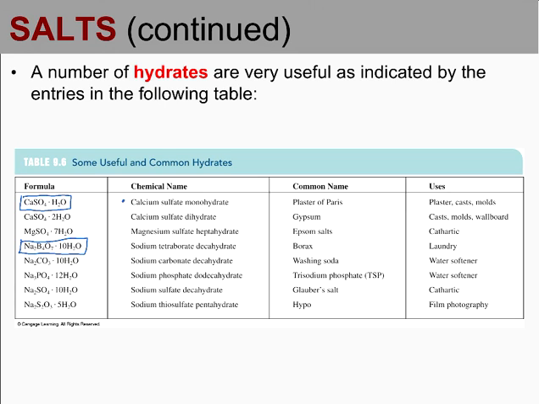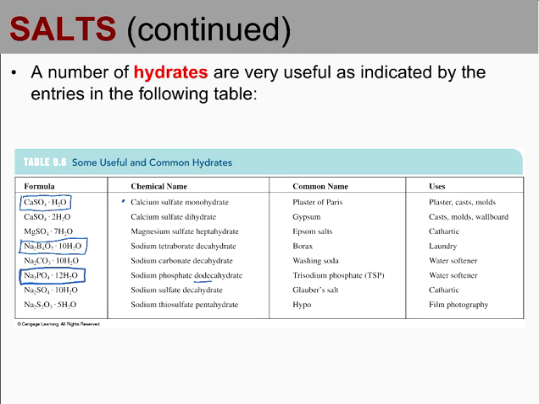And then if you've ever had to use water softener, this more so occurs in the Midwest, but you can have what's called hard water, and it just has a lot of ions in it. So sodium phosphate dodecahydrate, so that dodeca means 12.